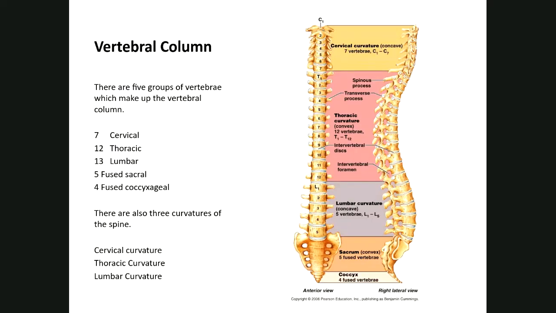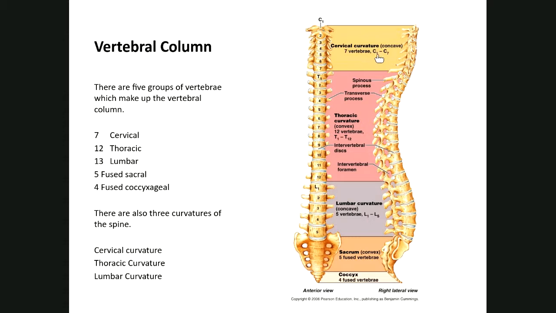Now the vertebrae. You have a vertebral column, and it says there are 5 groups of vertebrae which make up the vertebral column, and there are. You see that they're grouped here. The cervical, this is in your neck. There's 7 cervical vertebrae, and they're labeled C1 to C7. And so when you have someone that broke a vertebra in their neck, they'll tell you which one they broke.